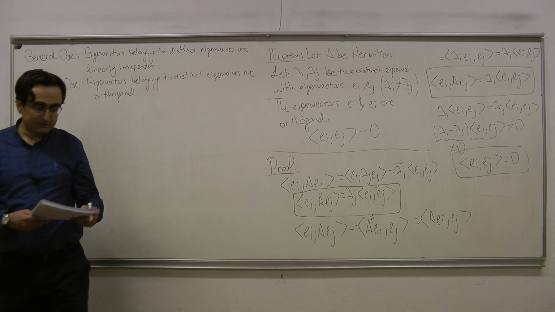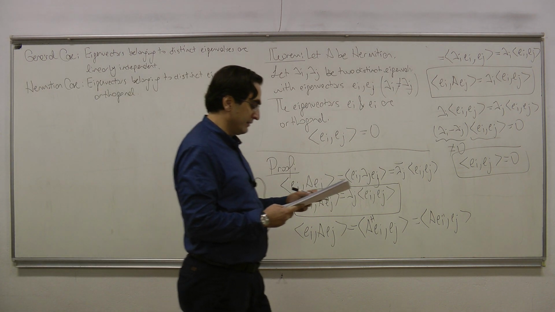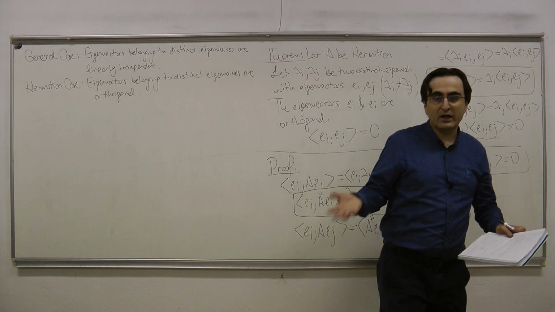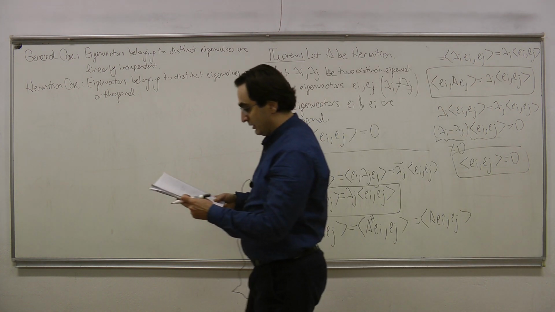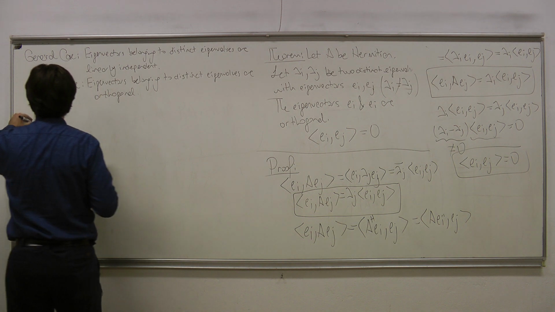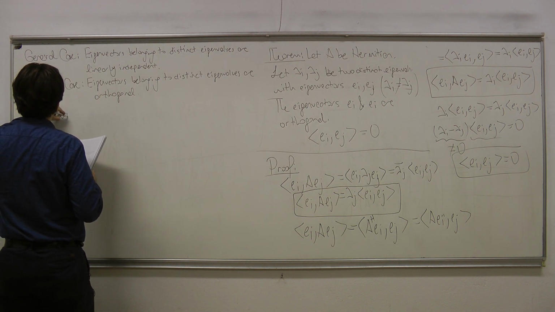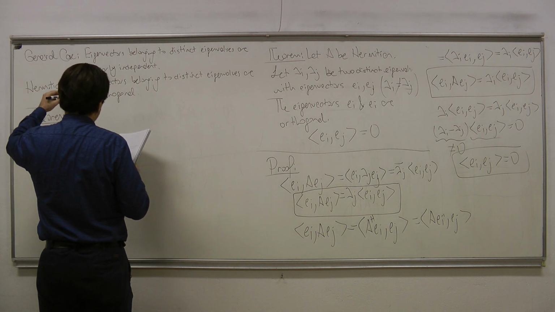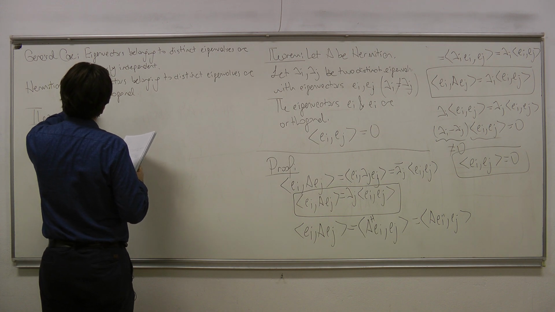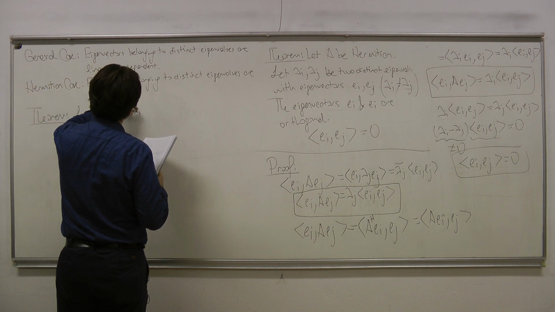So now we have seen the result on eigenvectors. Now we can look at the minimal polynomial of a Hermitian matrix. Let us write a theorem. Let A be Hermitian.